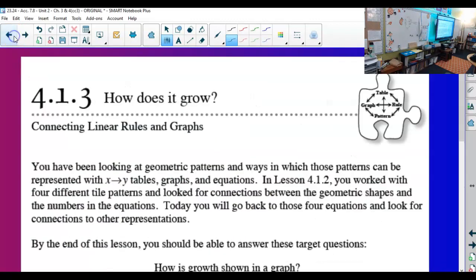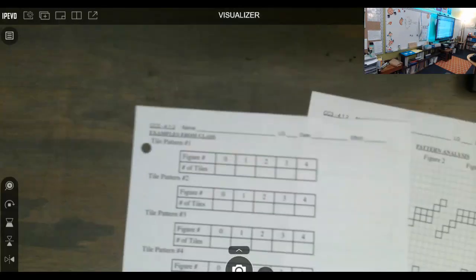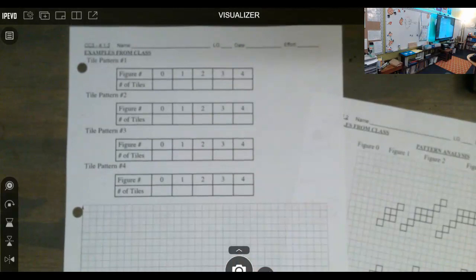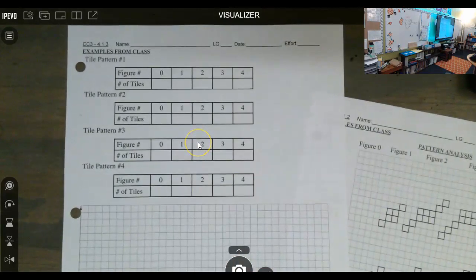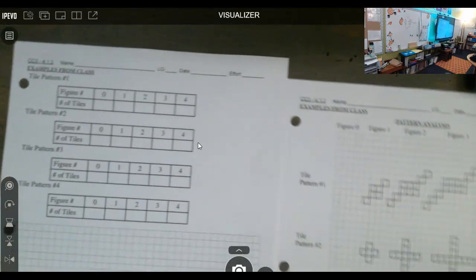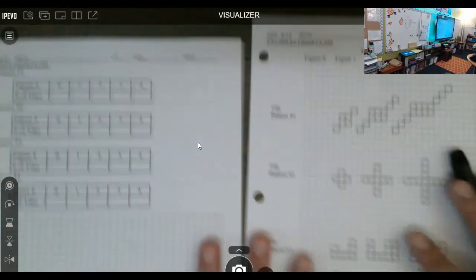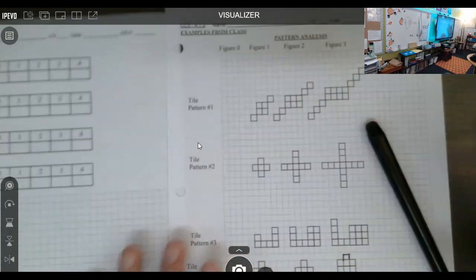So now, on your 413 paper, we're going to look at this mathematically. I want us to take what's on our 412, also why I did not put the prints together.